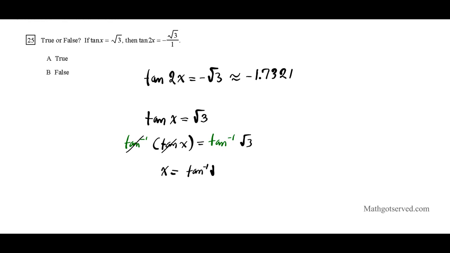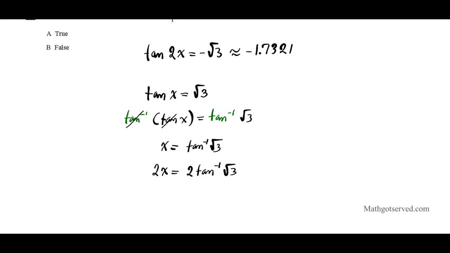Now we're looking for tan 2x, right? If x is the inverse tan of root 3, then you multiply both sides by 2: 2x equals 2 times the inverse tan of root 3. So tan of 2x is tan of 2 times the inverse tan of root 3.